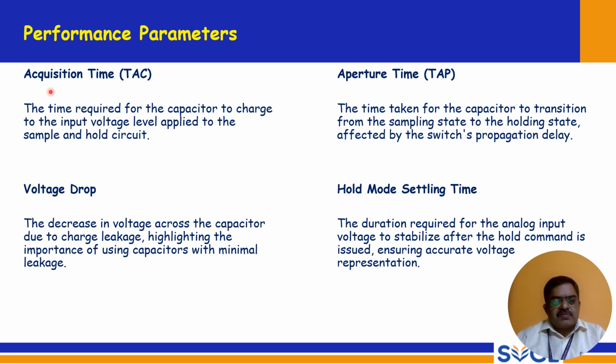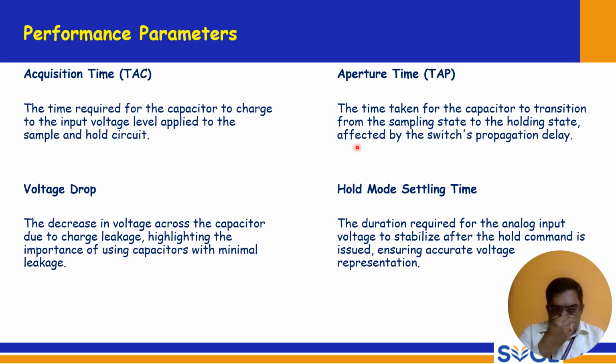Here acquisition time, TAC, is the time required for the capacitor to charge to the input voltage level applied to the sample and hold circuit. Aperture time, TAP, is the time taken for the capacitor to transition from the sampling state to the holding state, affected by the switch propagation delay.